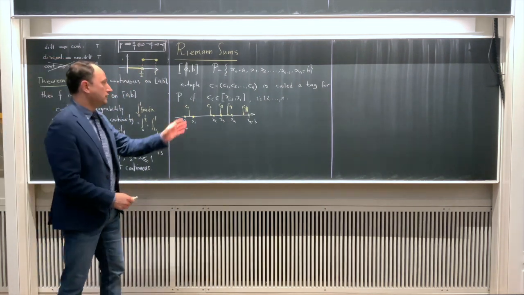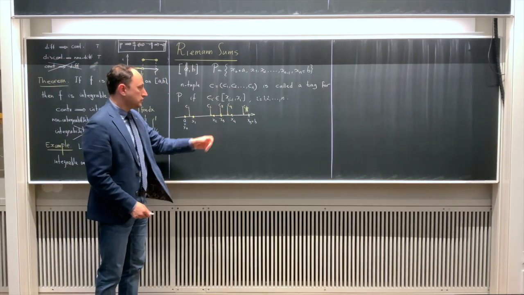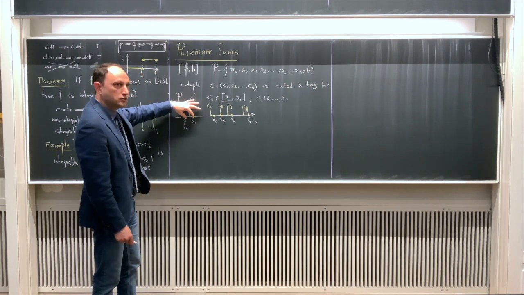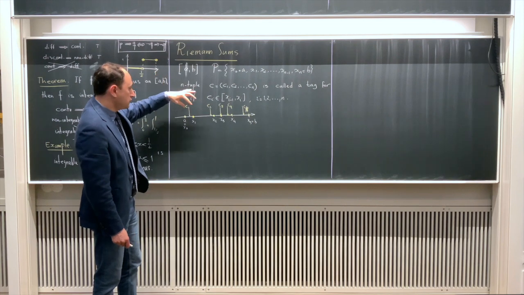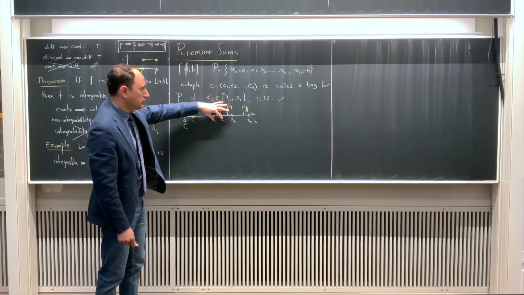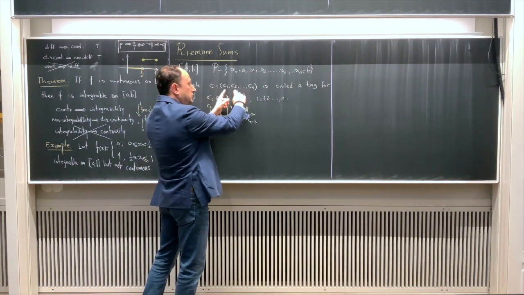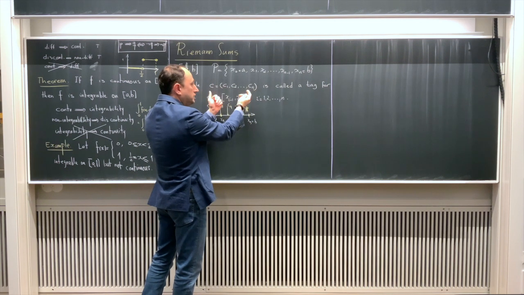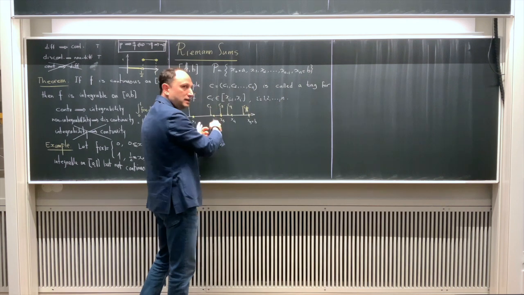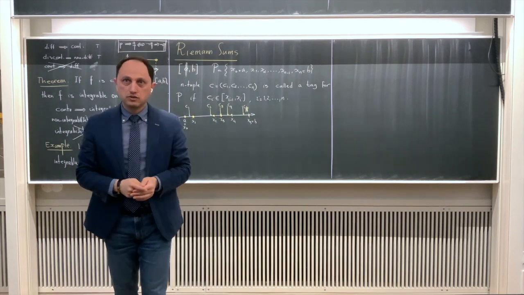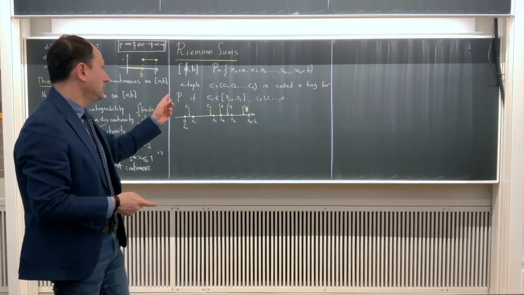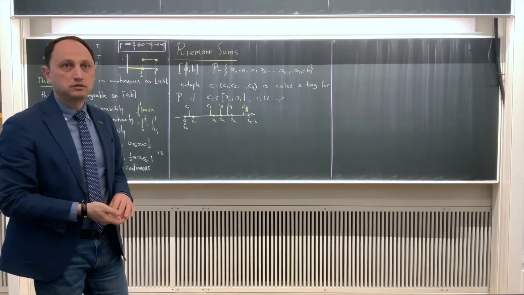So when you have a partition, you have some points, you have some subintervals. If you choose one number from each subinterval and arrange them in an ordered way, that tuple that you get is called a tag for your partition. Yes? To test your understanding, how many tags can we assign to any partition?